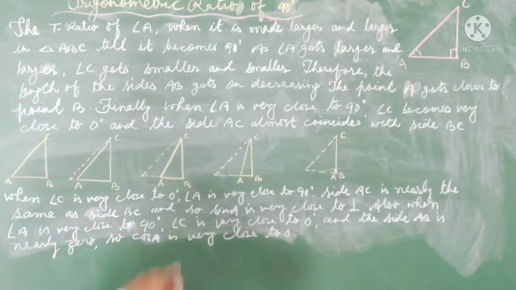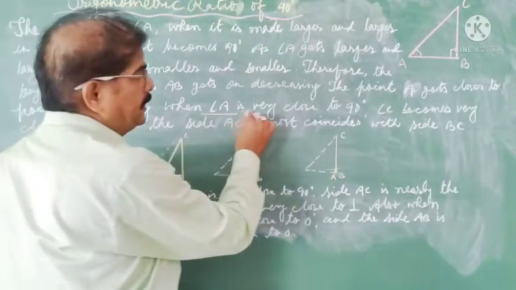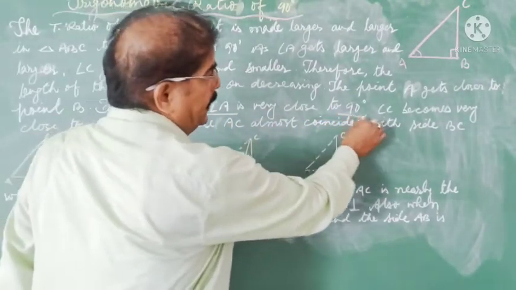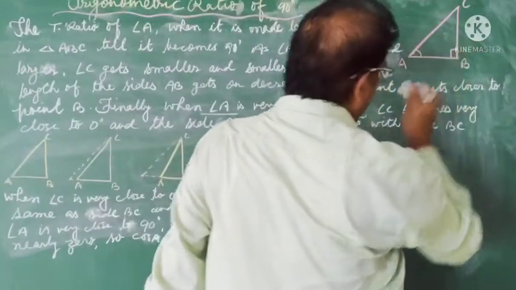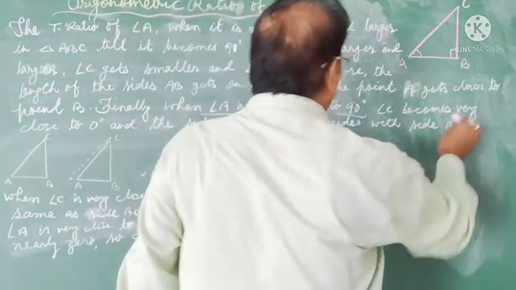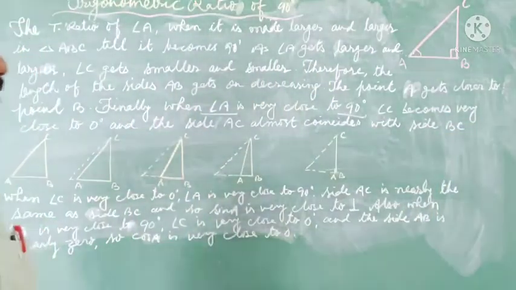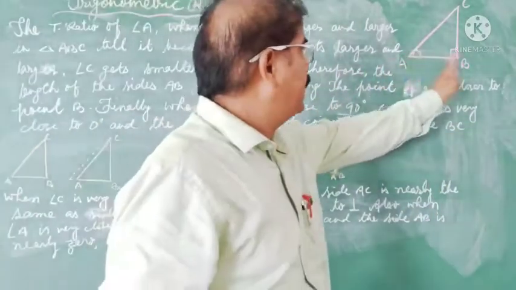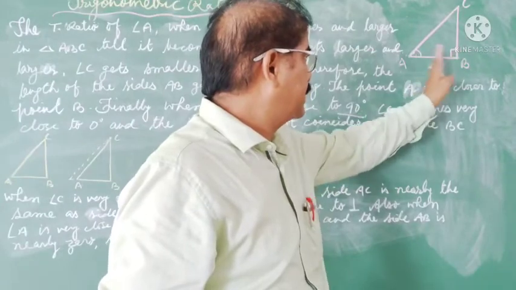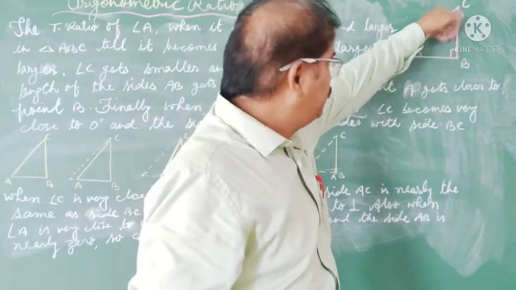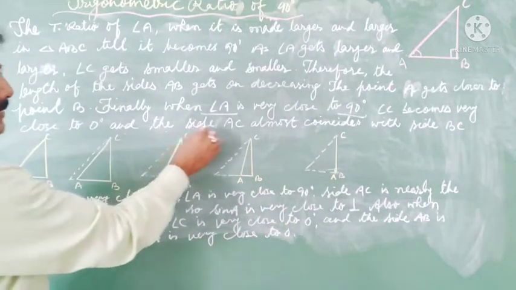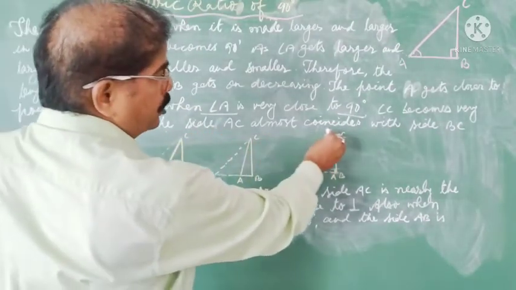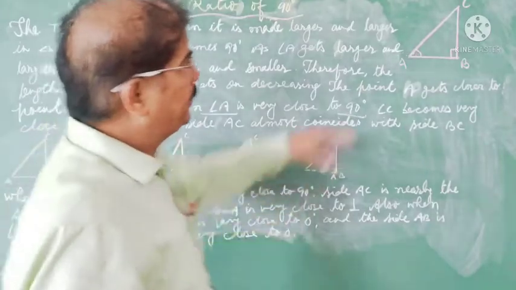And finally angle A is very close to 90 degree, angle C becomes very close to 0 degree, A comes to B, that means angle A is 90 degree and C becomes 0, and the side AC almost coincides with side BC.